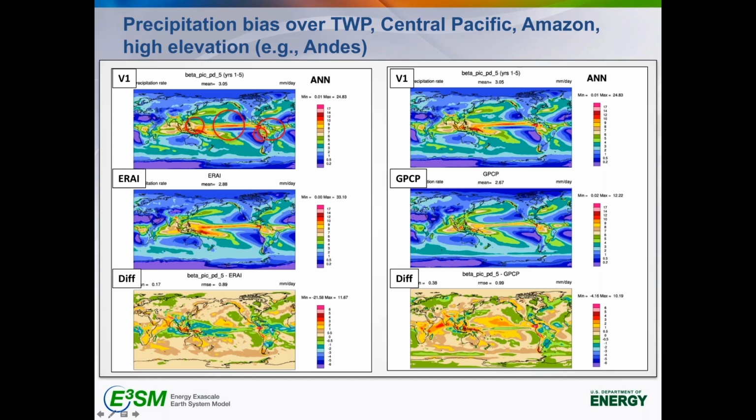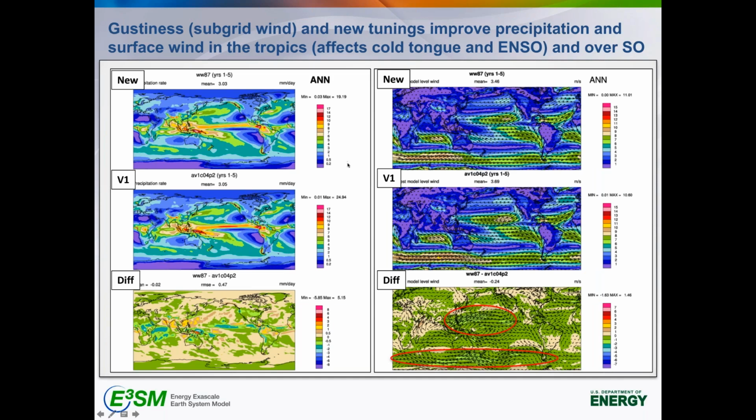And the third issue is that you can see along the Andes, there's this high precipitation, and same thing along the Himalayas and the mountains here. And the last thing is that we have this low bias over Amazon. And by turning on the gustiness, which accounts for the subgrid wind, and then the new tunings for the deep convection and microphysics, that improves the precipitation.